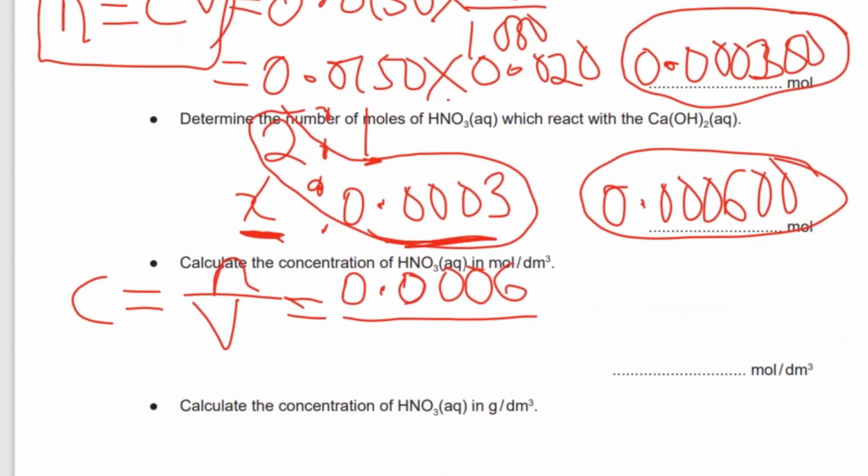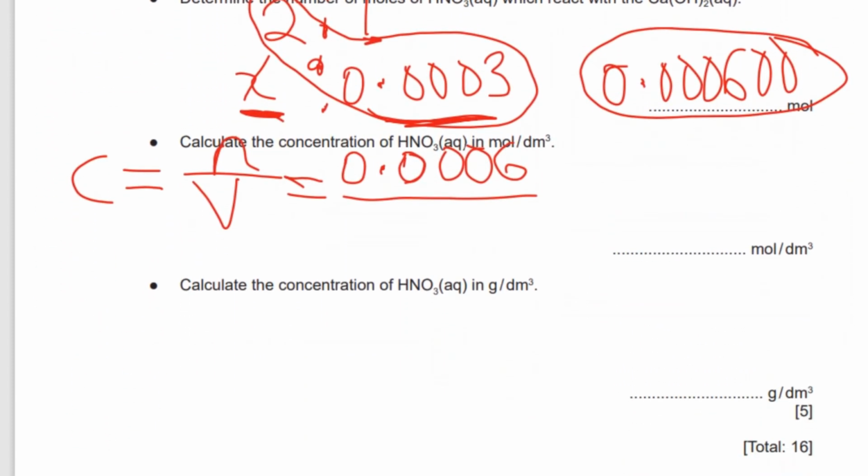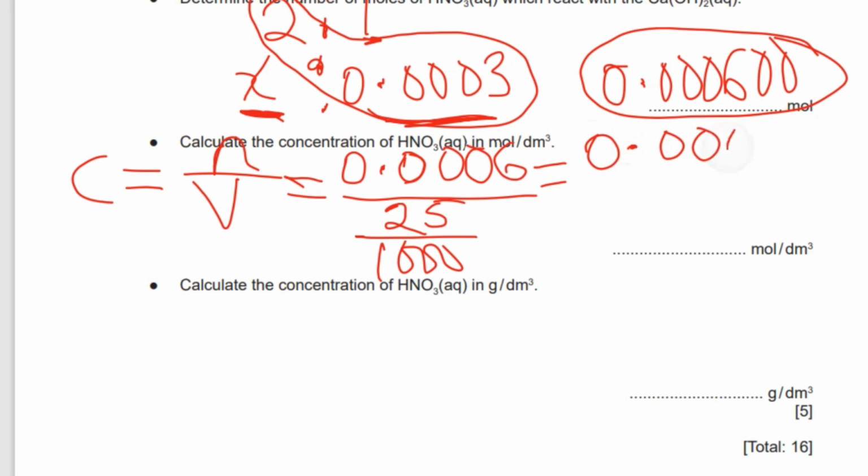The volume of acid is 25 cm³. However, your 25 cm³ needs to be converted to dm³, so divide by 1000, and technically you're having 0.0006 over 0.025.